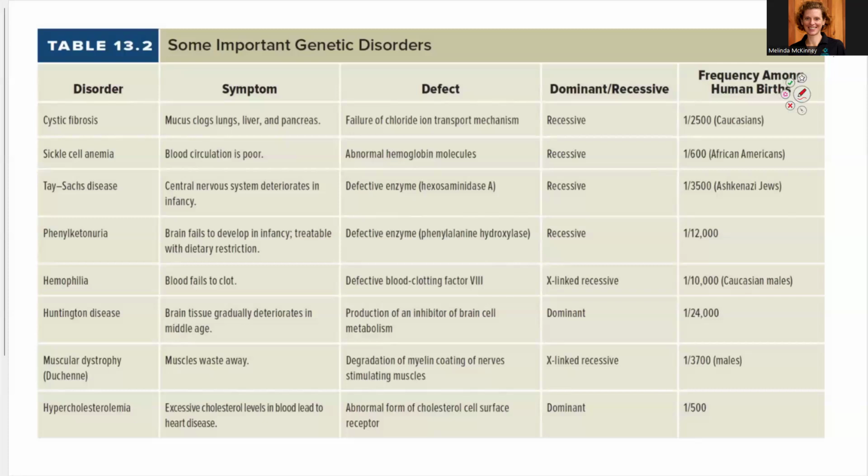The last slide is just a few examples of disorders from a table in our book. Sickle cell anemia is something that we'll go over in more detail, as well as hemophilia. Sickle cell anemia is a recessive disorder.